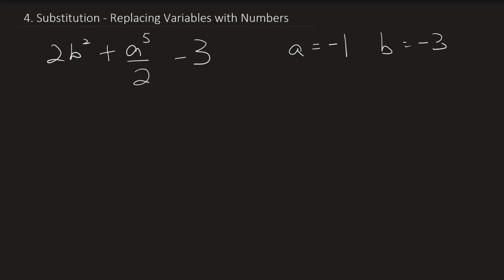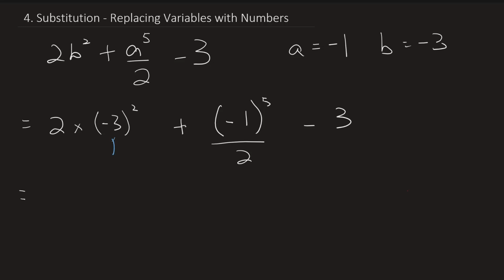Right, let's substitute these numbers in. So 2b squared becomes 2 multiplied by -3 squared plus, and you notice how I've left a lot of space in between. That's also a very good tip. -1 raised to the power of 5 over 2 minus 3.